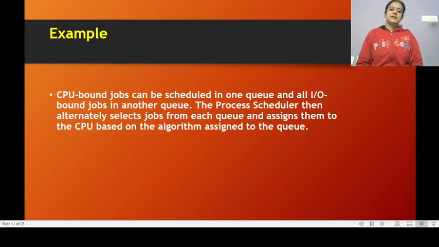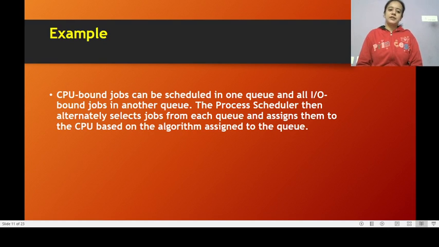For example, CPU bound jobs can be scheduled in one queue, and all input output requesting jobs will be in another queue. The process scheduler then alternately selects jobs from each queue and assigns them to the CPU based on the algorithm assigned to the queue.